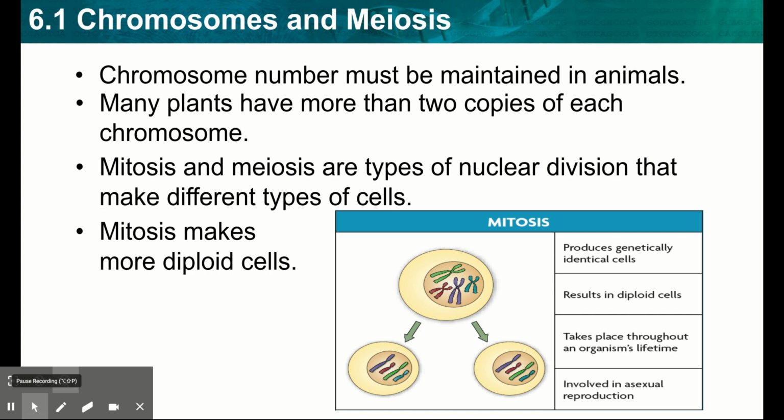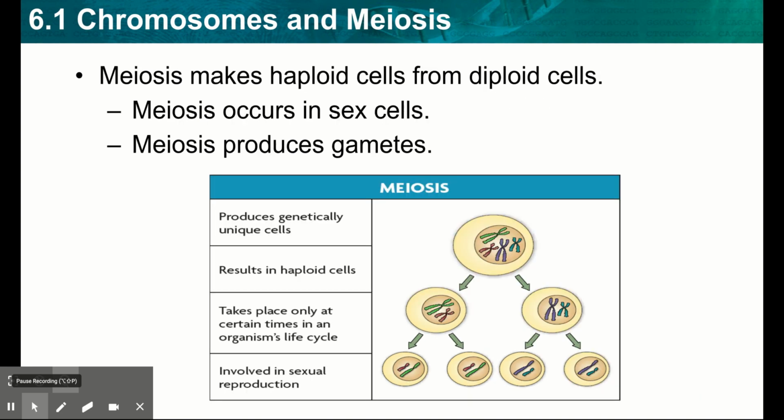So mitosis makes more diploid cells, 2 copies that are identical to each other. Whereas meiosis makes haploid cells from the diploid cells. And this only occurs in our sex cells. Meiosis is going to produce gametes.